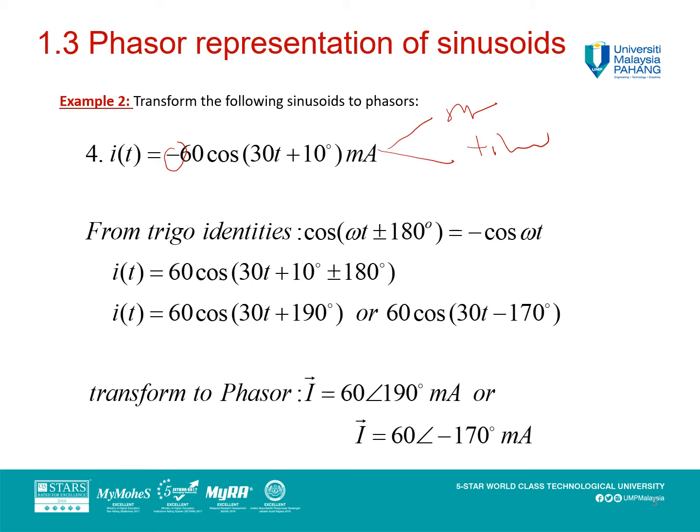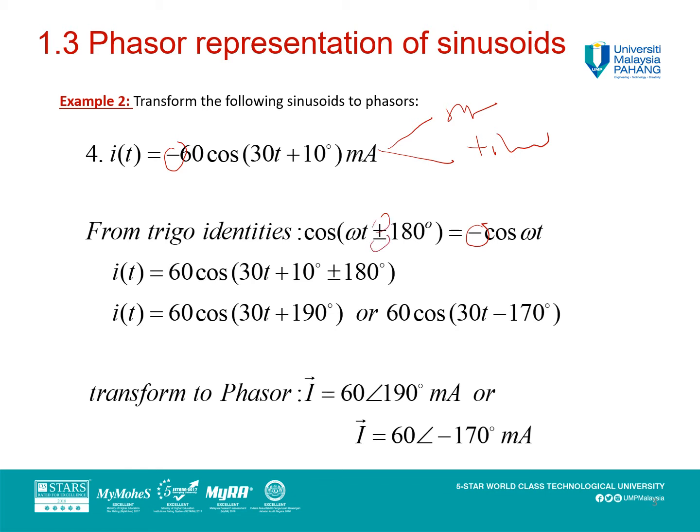You must convert this into a positive cosine. How to convert? You have it from the trigonometry equations given here: minus cosine. Then you do the transformation, you can do plus or minus, both work.